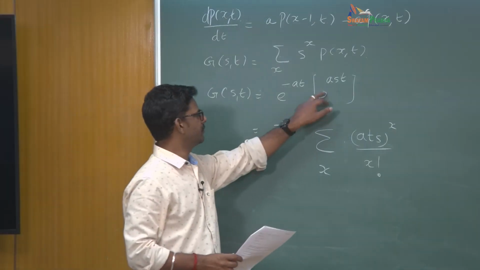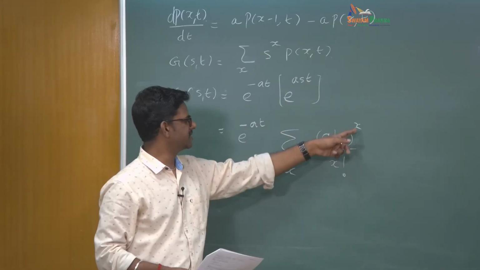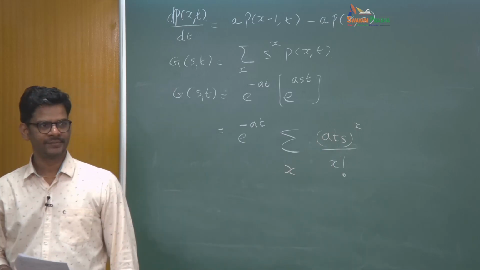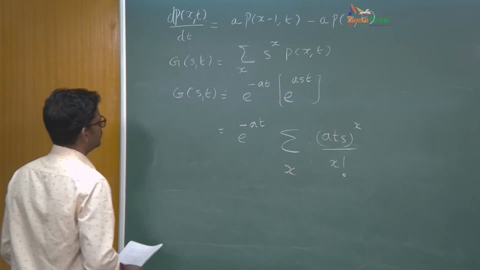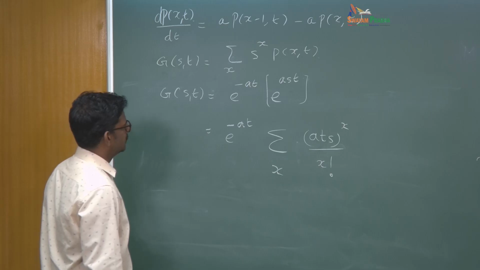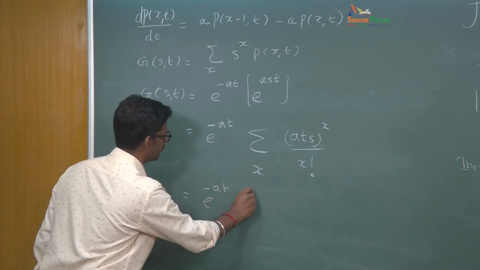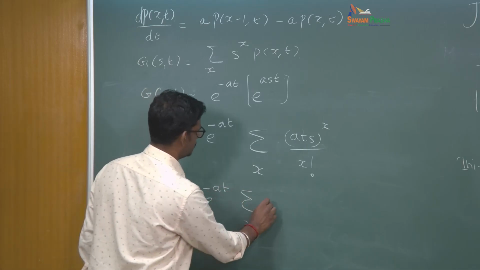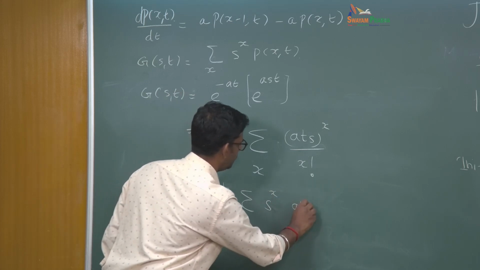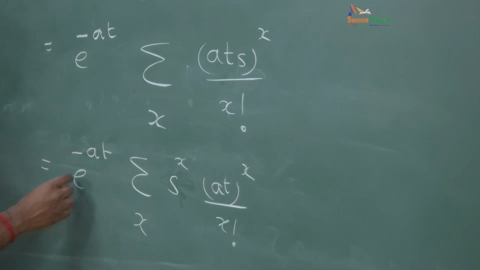So e power some function can be written as a sum of terms like this, the exponent power x by x factorial, where x is an index that goes from 0 onwards. So then we write this as the sum over x of s power x and (at) power x by x factorial. If you like, you can take this to the inside.